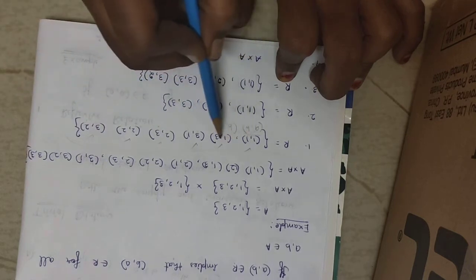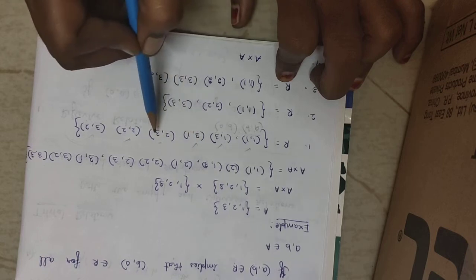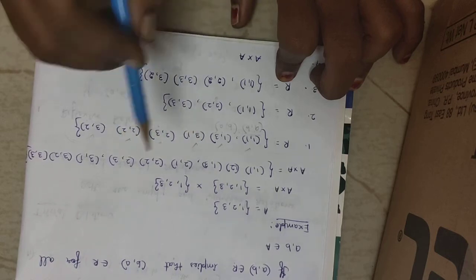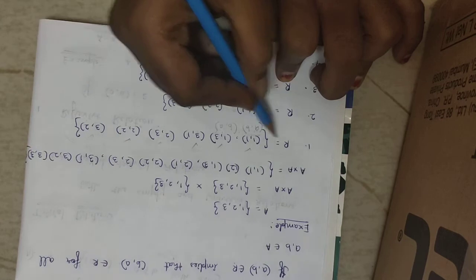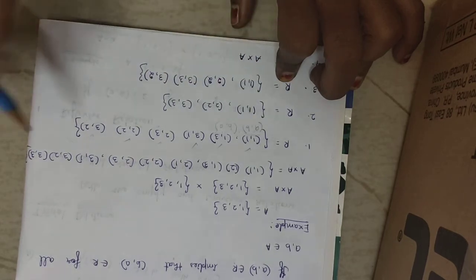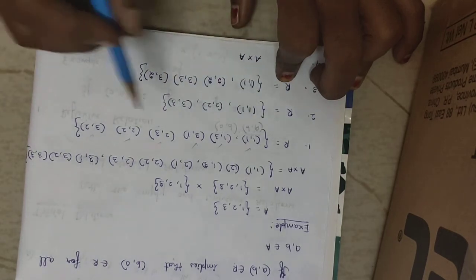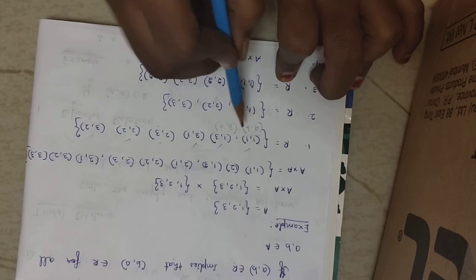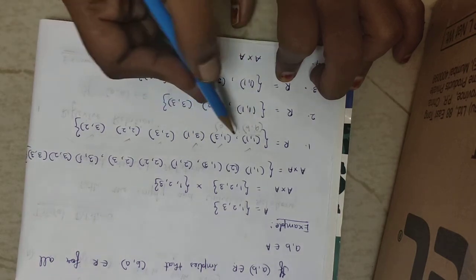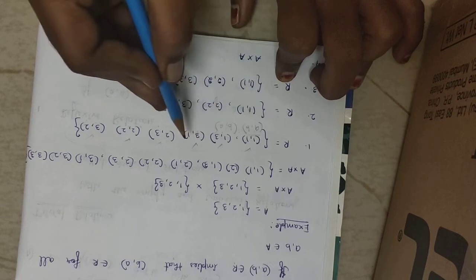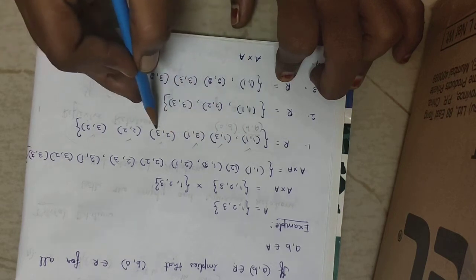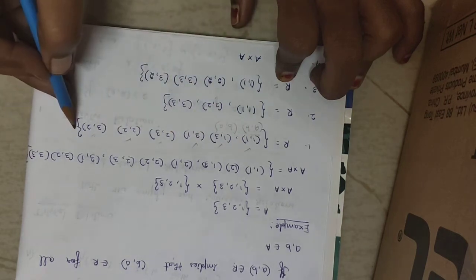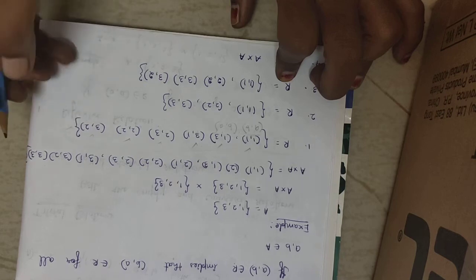So each and every ordered pair has a symmetry. Therefore the entire thing is called a symmetric relation. If (a, b) is there, then (b, a) is also there for each and every ordered pair. Therefore this is a symmetric relation.